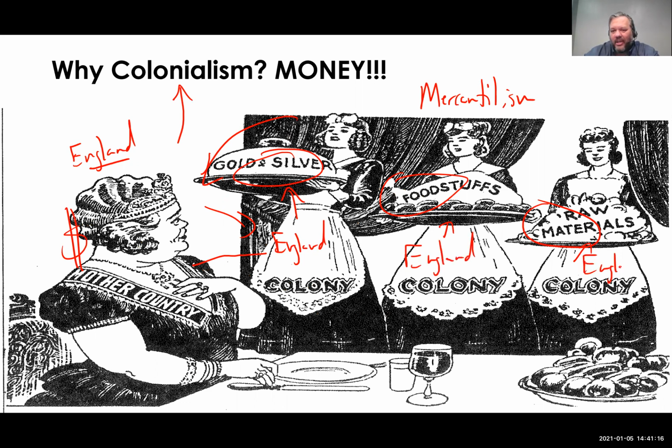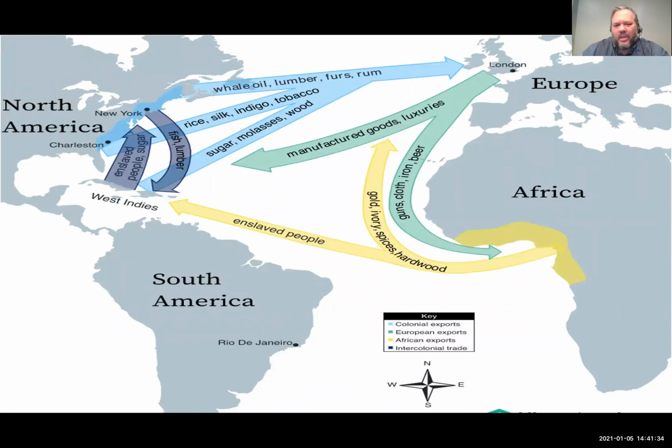So you get the idea. Colonialism was established in large part to spread influence around the world, but really to gain financial power. And so this is what it kind of looked like.